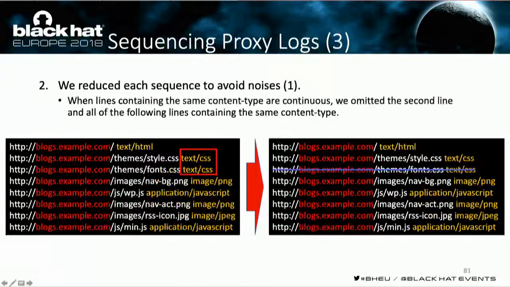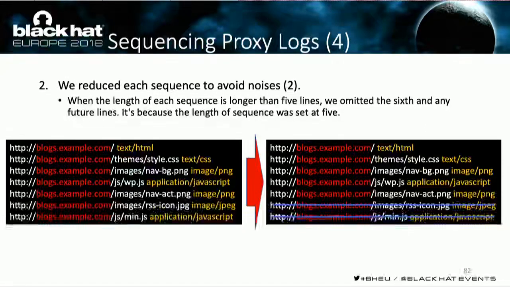Secondly, we reduced each sequence to enable the RNN model to be tolerant of noise. When lines containing the same content type are continuous, we omitted the second line and all of the following lines containing the same content type. We also omitted the 6th and any further lines because the length of sequence was set at 5.